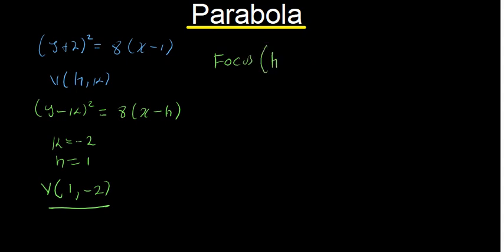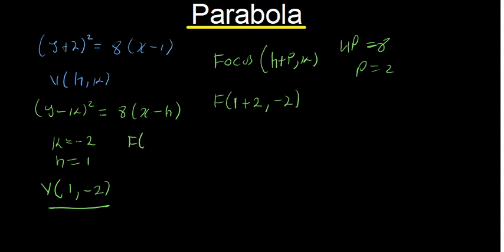We still get our p from here: 4p equals 8, meaning our p is equal to 2. So the focus will be our h, which is 1, plus our p, which is 2, comma our k, which is negative 2. So the focus is at (3, −2), like that. That is very, very important.